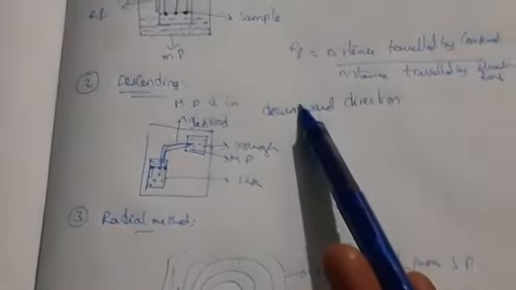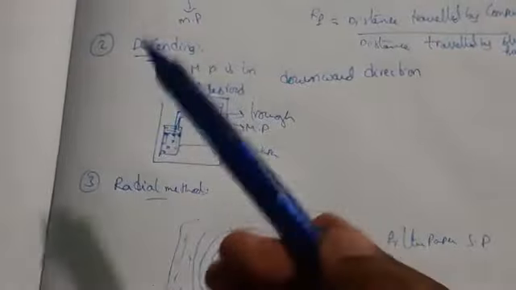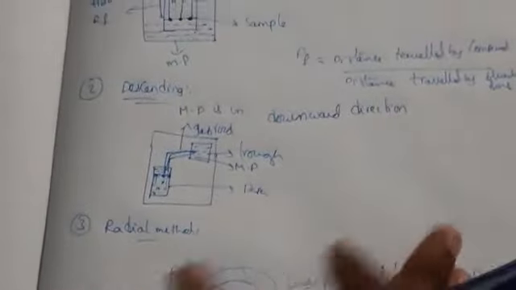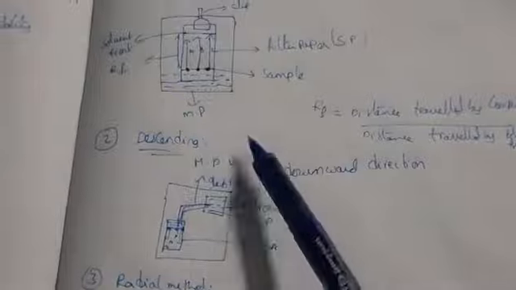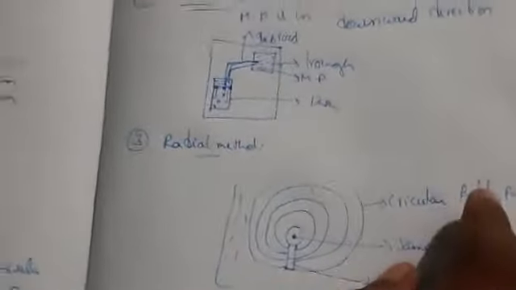For example, if the ascending technique is separating the RF value more, then we take the ascending technique. If the separation is more in descending, then we take descending. Like that, first of all we have to select the technique, whether ascending, descending or radial, whichever separates more. And we also have to select the developing solvent, the eluent.